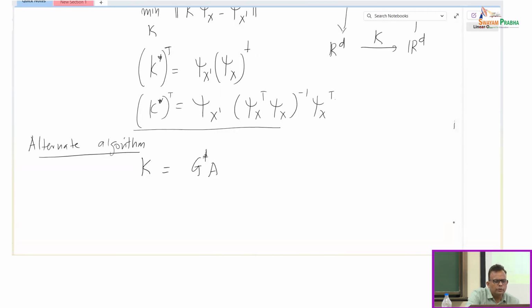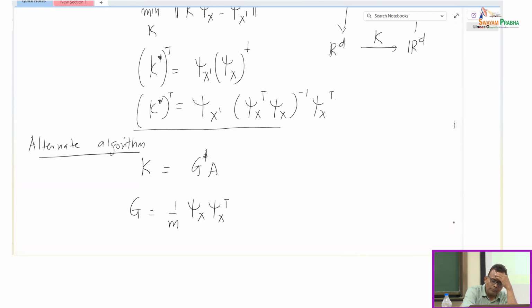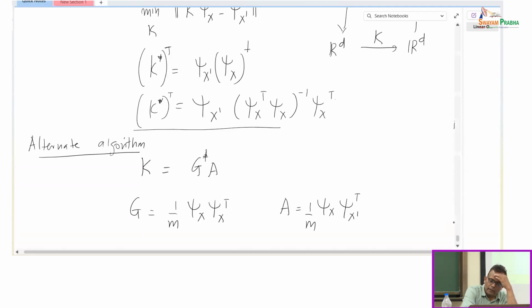You use a pseudo inverse whenever the matrix is not invertible, but in this case, G is given by 1 over m times psi of x, psi of x transpose, and A is given by psi of x, psi of x prime transpose, times 1 over m.